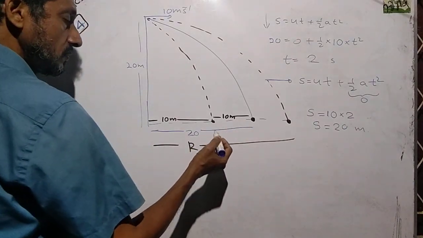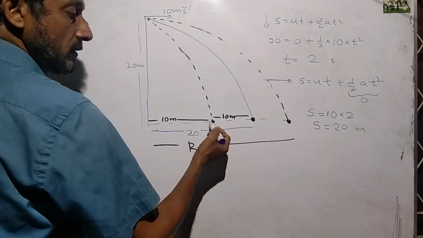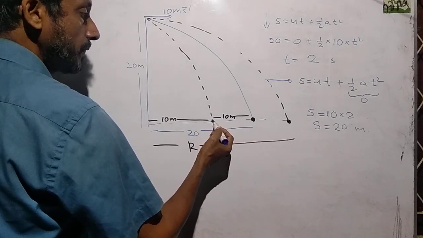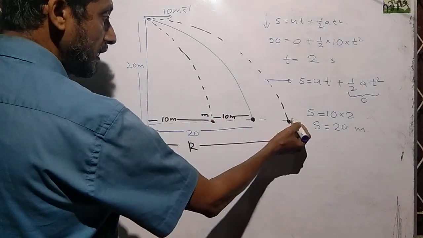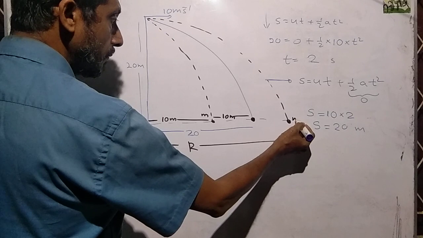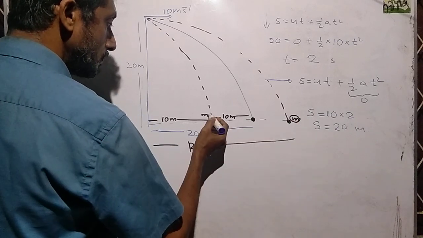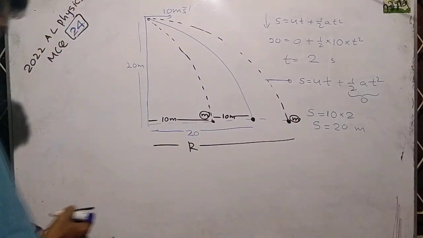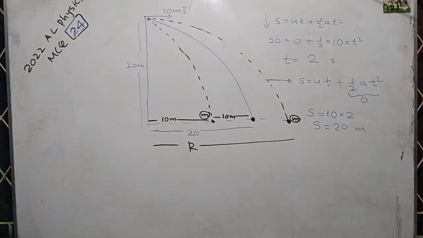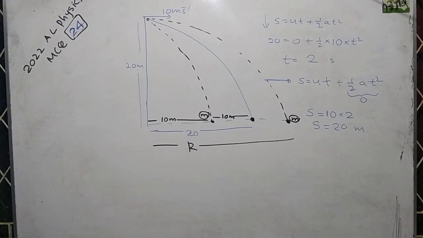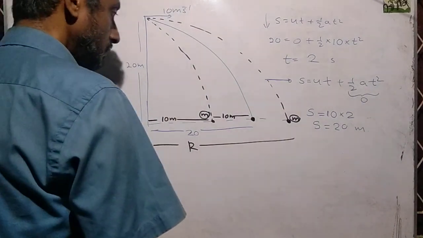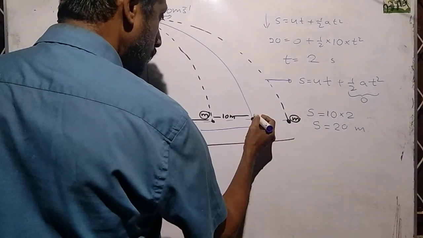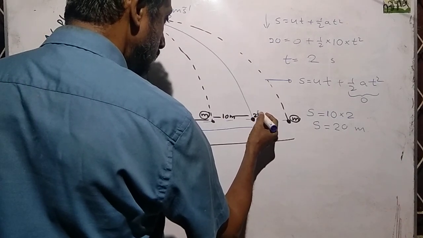I take the mass of one split part as m, and the mass of the other split part also m. Therefore, the total mass of the ball is 2m.